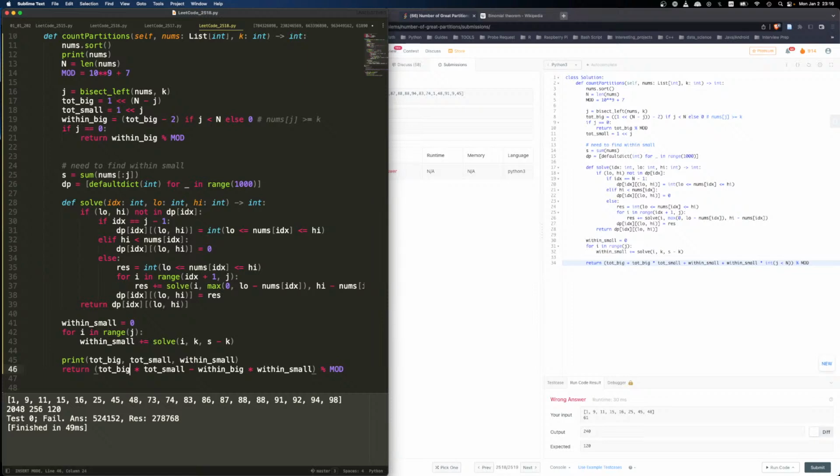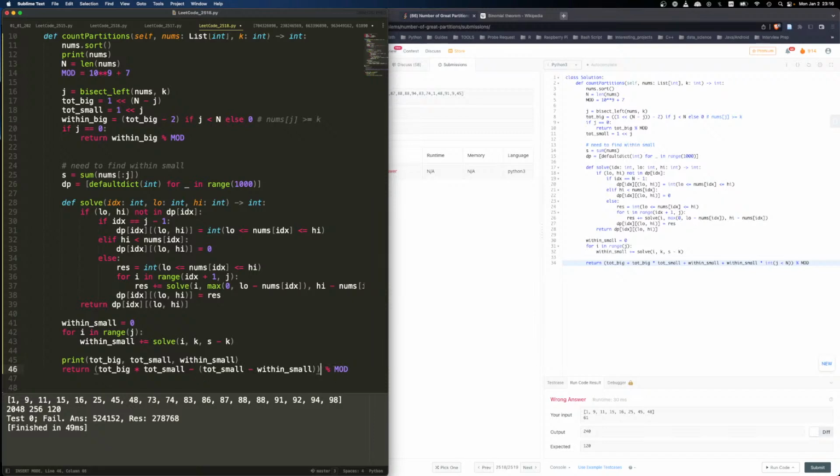Alright? Then we need to minus the one that's not working. What is the one not working? The one that's not working is total small minus within small.